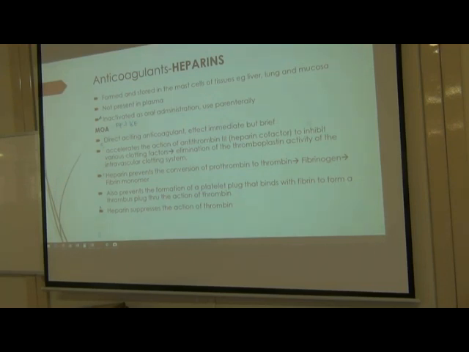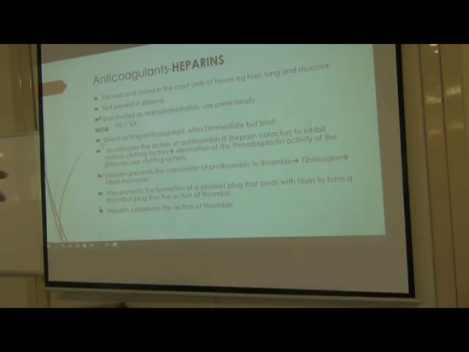I was saying earlier that some heparin-like substances are in the vessels to help stop blood from coagulating. And you will see here that it's formed and stored in the cells of the tissues. So heparin is a natural product that is available.